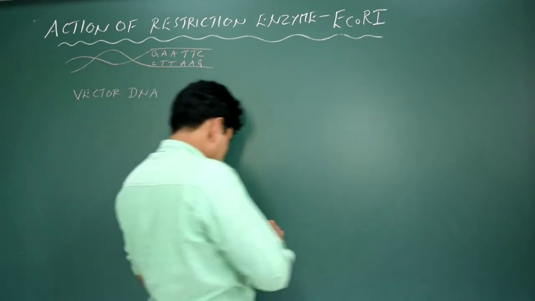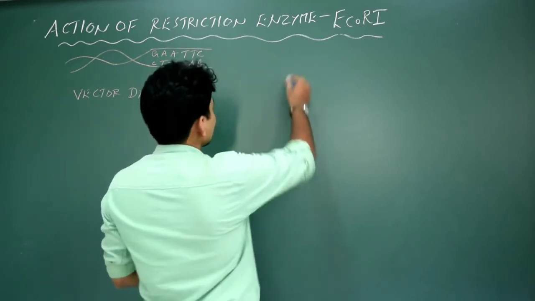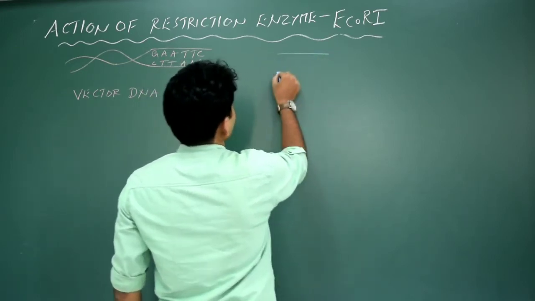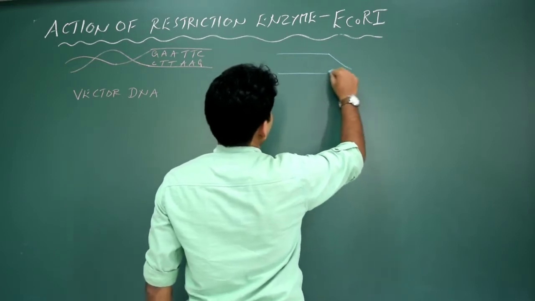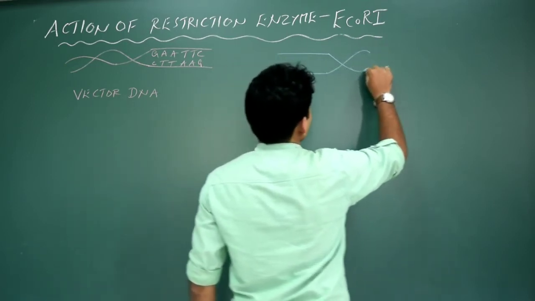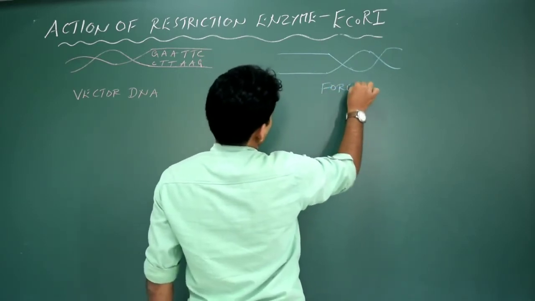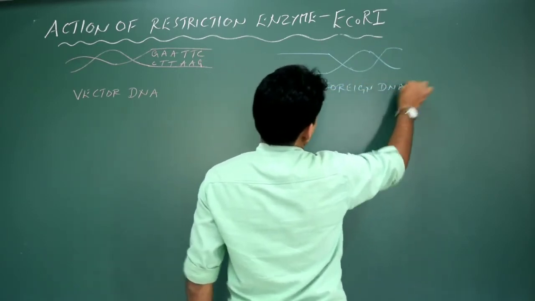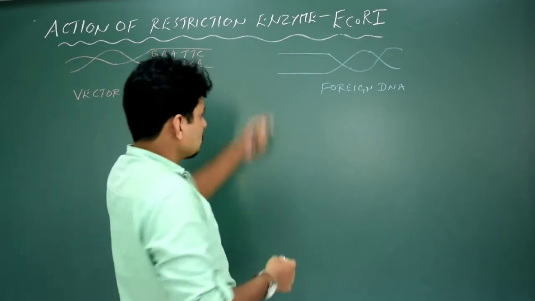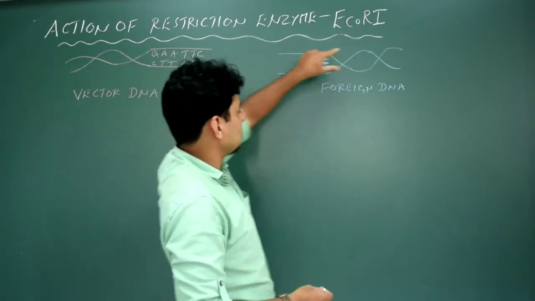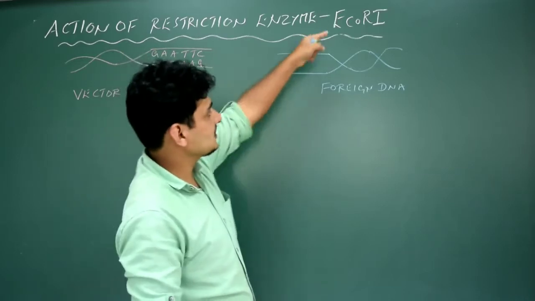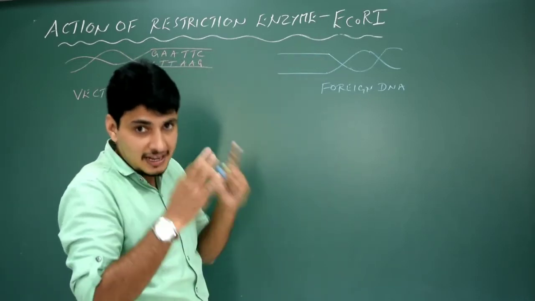Here I have to use a blue color to draw the DNA, which is foreign DNA containing the gene of interest. We just write foreign DNA. Because I'm going to treat these two DNAs with the same type of restriction enzyme, that has to be the procedure.